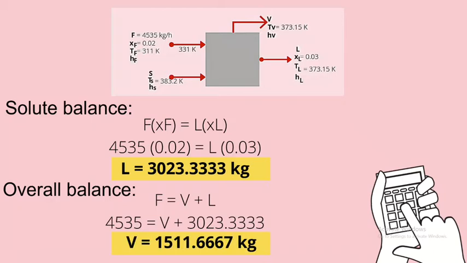We now have the value of V, 1,511.6667 kilograms. So now we have the amounts of L, the liquid product, and V as a vapor. So we now have the first required quantities.